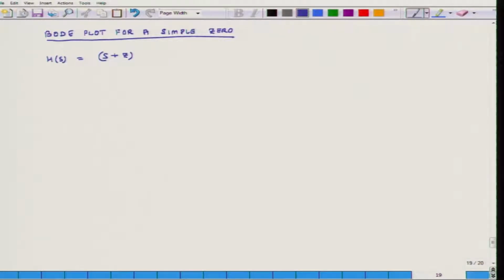Now, we know that when we construct Bode plots, they are in context when the complex frequency equals j omega. So, H of omega equals z plus j omega.